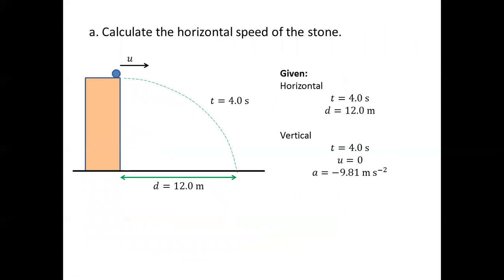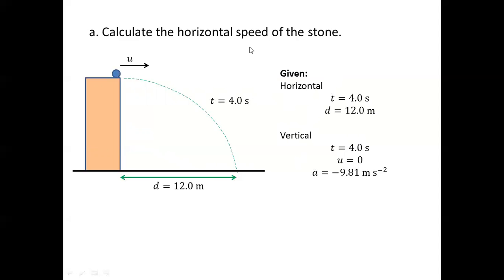So for the first question, calculate the horizontal speed of the stone. Again, don't be confused with this u over here and the u here. Notice that we have already separated or clarified the horizontal and vertical information that we know. Again, this u pertains to the initial vertical velocity.